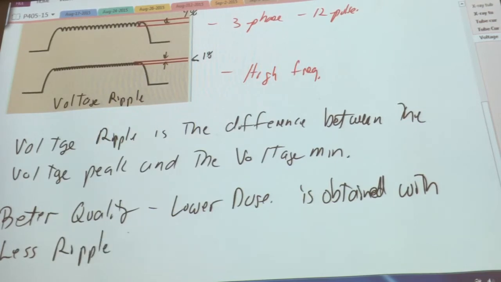Better quality and lower dose is obtained with less ripple. So less ripple is the ultimate goal. So is ripple a good thing or a bad thing? Bad thing. We want to reduce it as much as possible. Okay, so now we got why do we care? We know that's why we care.